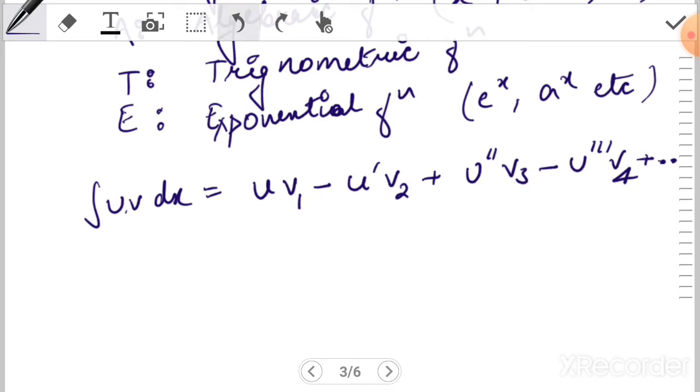Okay, so in other words, the integral of the product of two functions is equal to first function into integration of second, minus go on differentiating first, integrating second, and so on, and obviously the signs are alternately positive and negative.